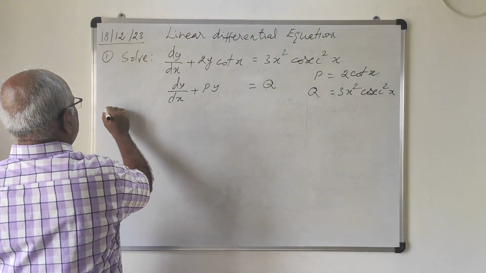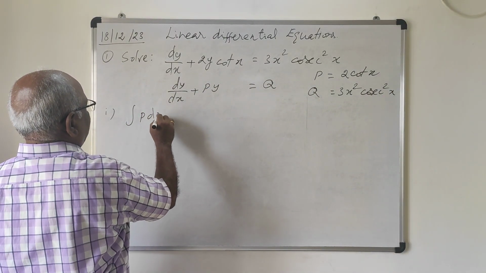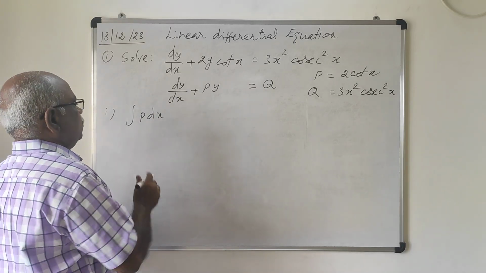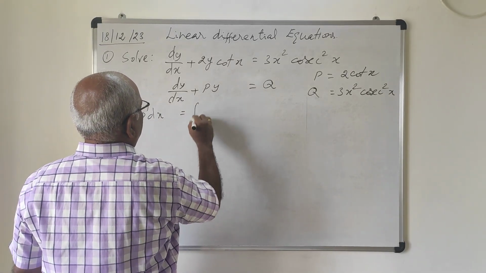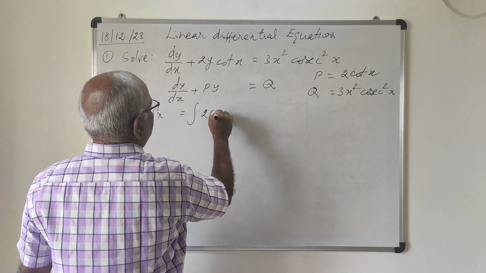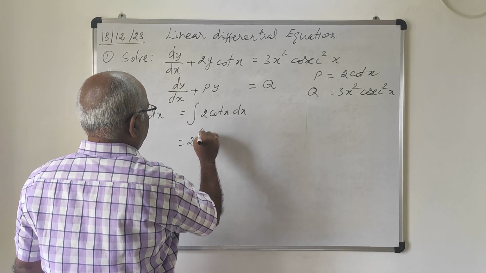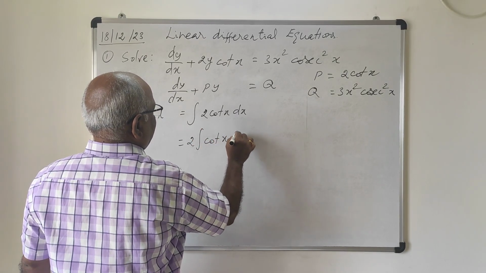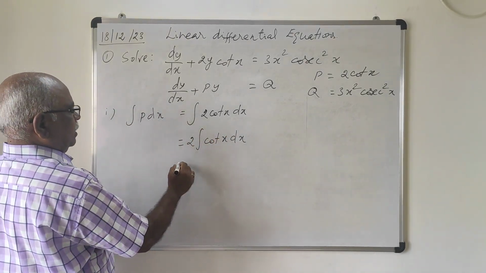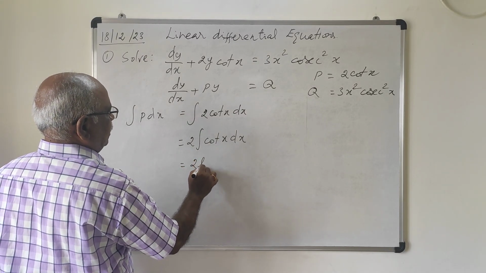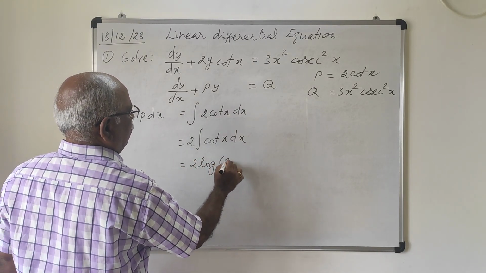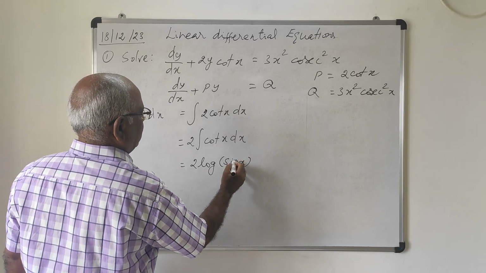Our first step is to find integral p dx, that is equal to integral of 2 cot x dx. You can take the 2 out of the integral. Integral cot x is log sin x.